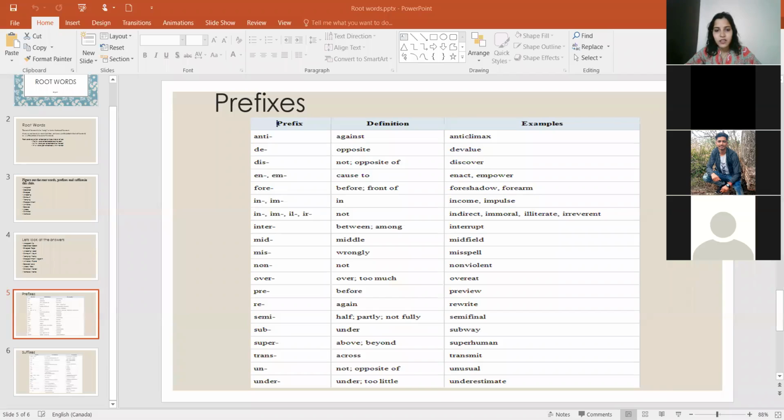All right, semiconductor, semi-final, semicircle, semi-detached, semi-formal, semi-retired, semi-aquatic, okay, semi-precious, yes. So we have a few examples to go with.